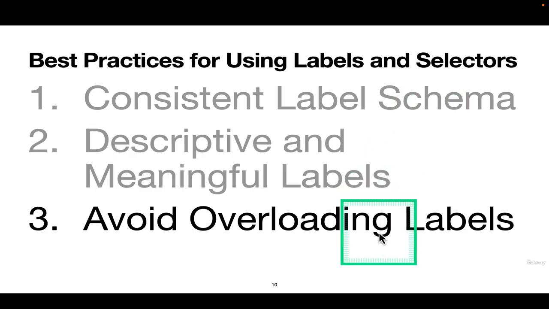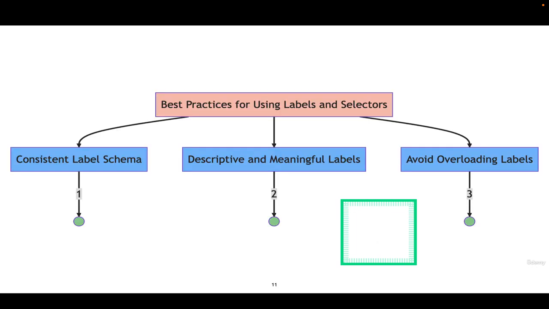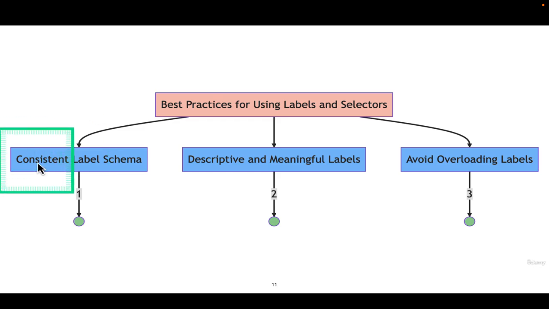And avoid overloading labels with too much information or multiple meanings. Keep them simple and focused. So the best practices we have seen are a consistent label schema, descriptive and meaningful labels, and avoiding any kind of overloading of labels.